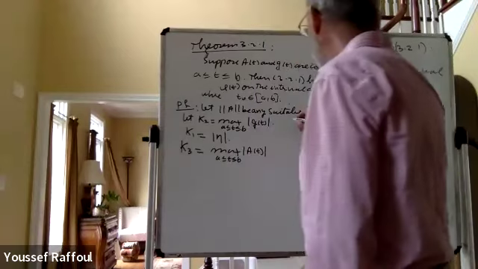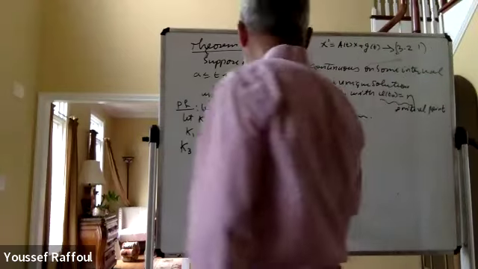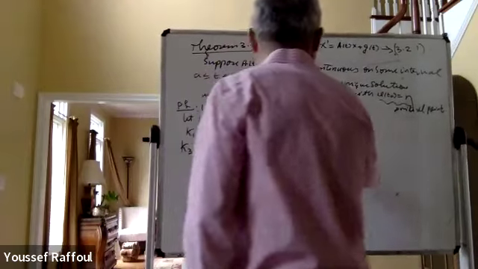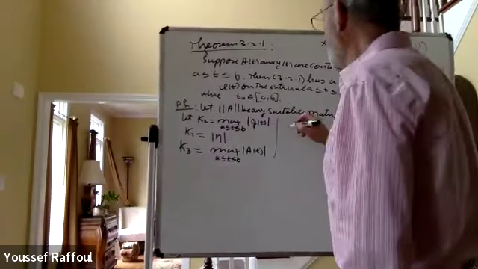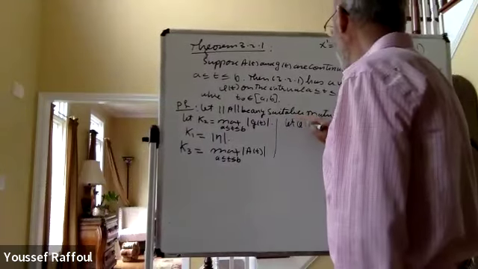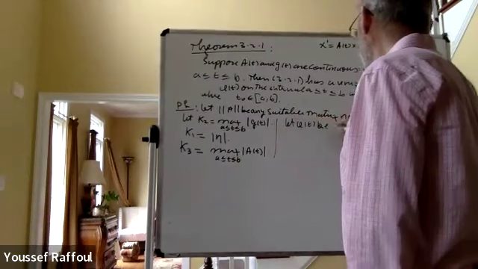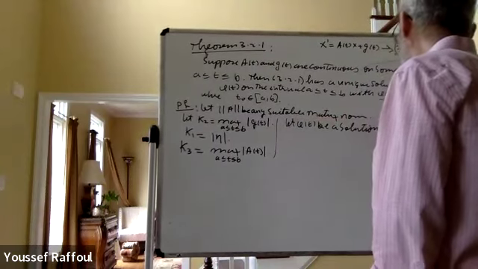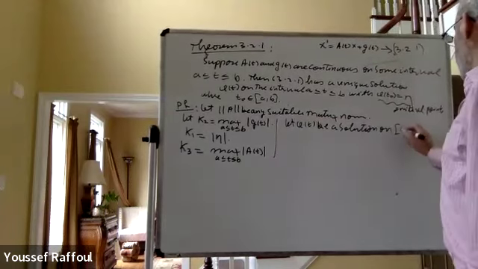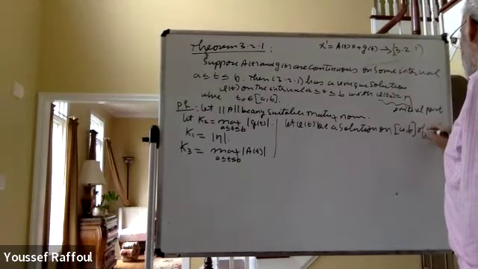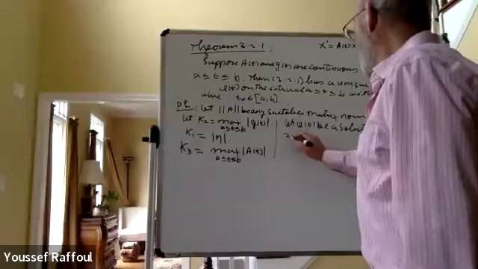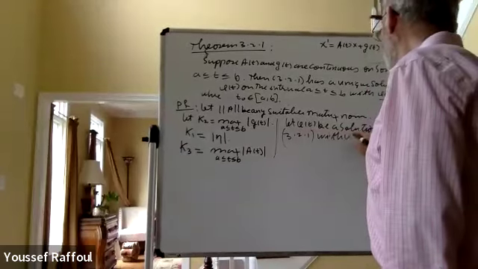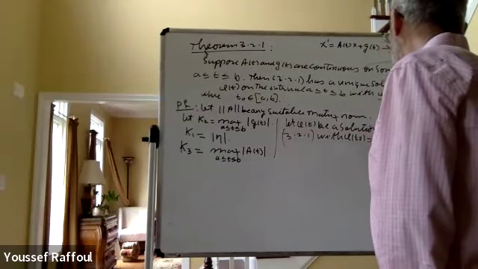All right. Now, let phi(t) be a solution on [a, b] of 3.2.1 with phi(t naught) equal eta.